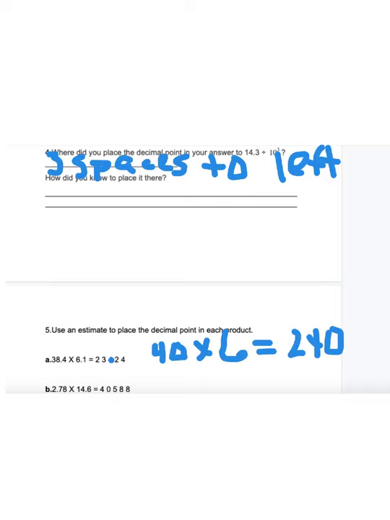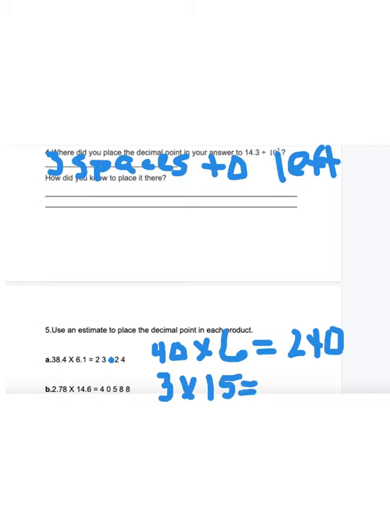So moving on to the next one, 2.78 times 14.6. Once again, they've already given us the digits, so we have to figure out where to put our decimal point. So I'm going to round 2.78 up to 3. And I'm going to round 14.6 up to 15.